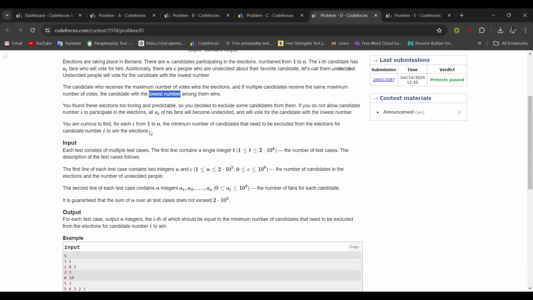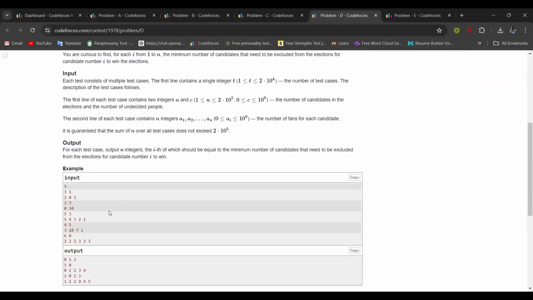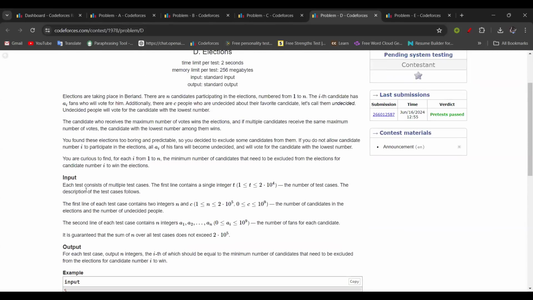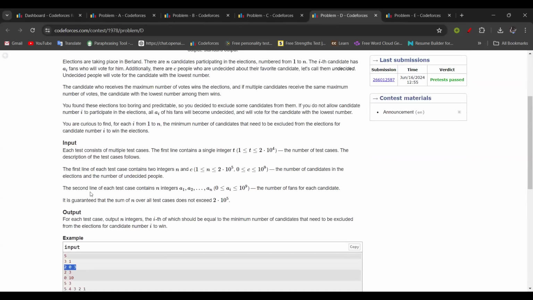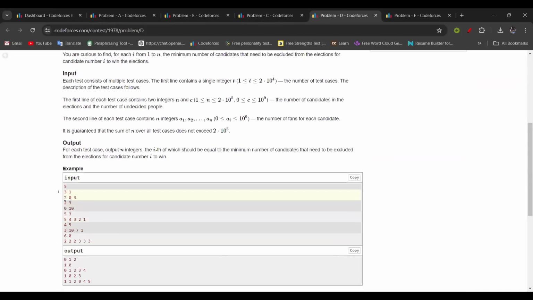So what it basically means, we are given an array. That array represents the number of fans for the ith candidate. So this a1 represents the number of fans for the first candidate, a2 represents the number of fans for the second, a3 for the third. So whoever are fans of a candidate, they would vote for that candidate only, obviously.